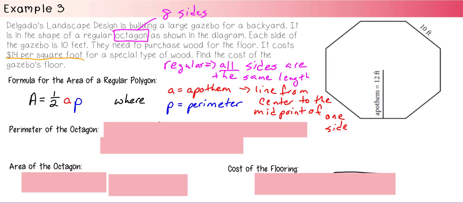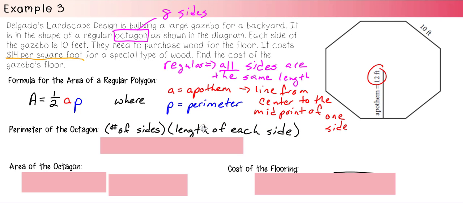So the apothem that they showed us is 12 feet. We don't know what the perimeter is yet, so we need to figure out the perimeter. Now remember, the perimeter is going to be the number of sides of a regular shape times the length of each side. So it's an octagon. It's got 8 sides. Each side is 10 feet. 8 times 10 is 80 feet.